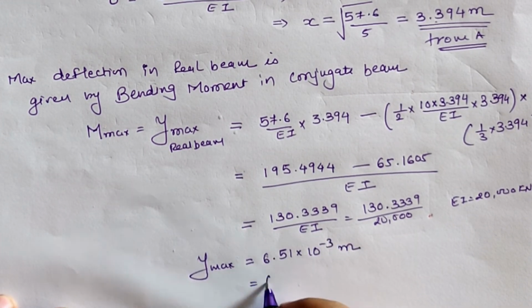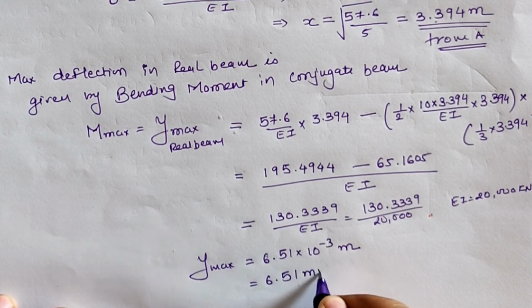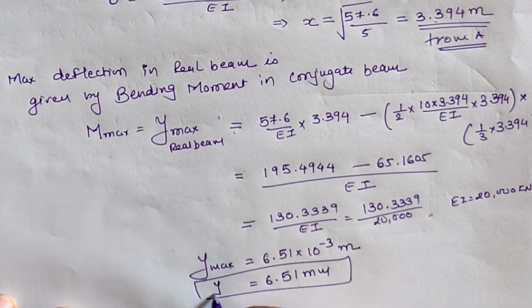So it is 6.51 mm. Thus we can calculate the maximum deflection using the conjugate beam by taking the shear force equal to 0, or we can say the slope equal to 0 in the real beam. Thank you.